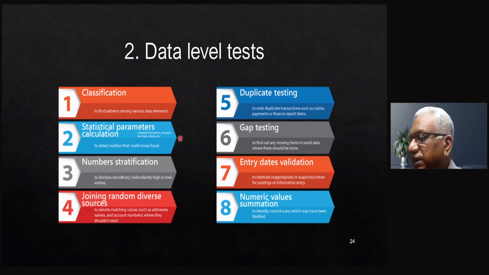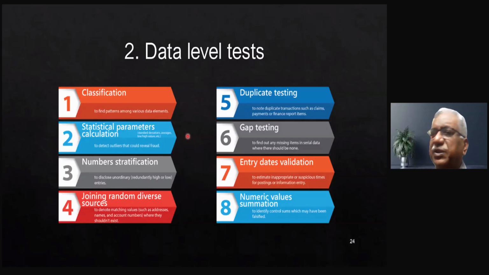Anything above 280 is called an outlier, which means it's not wrong, but it's not falling in the normal limit. So I pull out those students' marks alone and re-examine them, to see whether there's any typing error. Suppose I typed 38 as 83. Obviously, the marks will go up. So that is the outlier part of it, statistical limits, parameters.